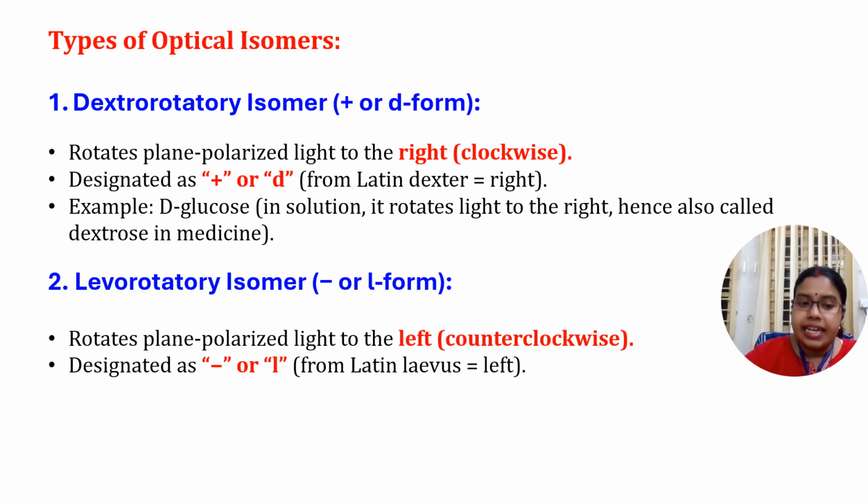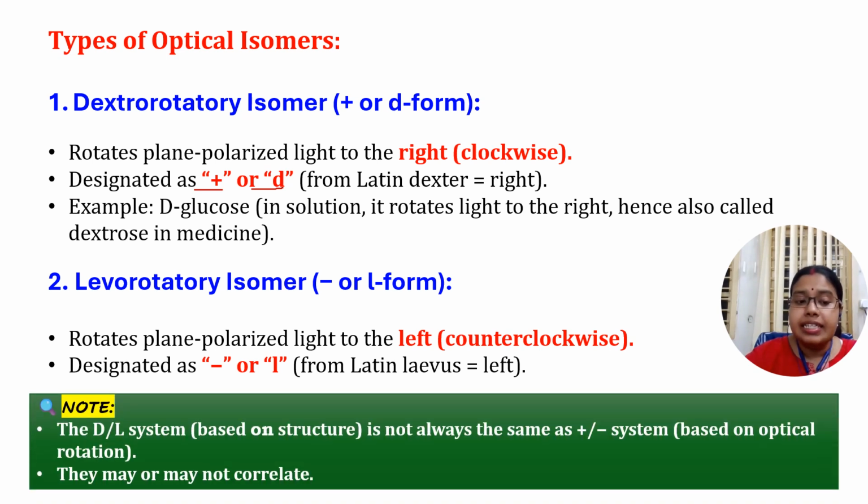It is designated as plus sign or d because the Latin word dexter means right. An example is D-glucose. Similarly, the levorotatory isomer, the minus or L form, rotates the plane polarized light to the left, because the Latin word laevus means left, that means counterclockwise. It is designated as minus or small l.